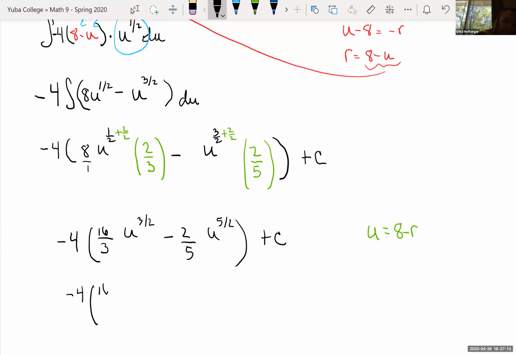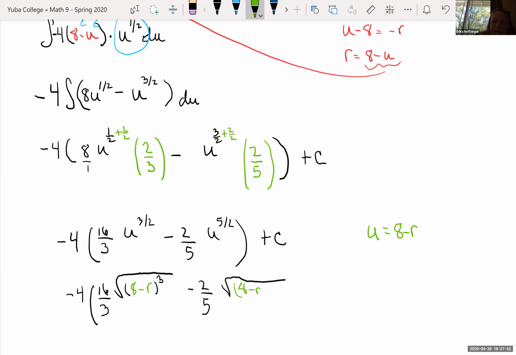So 16/3, replacing u, we have 8 minus r. This 3/2 power is the same thing as, the denominator is 2, so it's the square root of 8 minus r cubed. Minus 2/5, and then I see a u there, so the square root of 8 minus r, and this is to the 5th power. And then plus c, in parentheses, plus c.